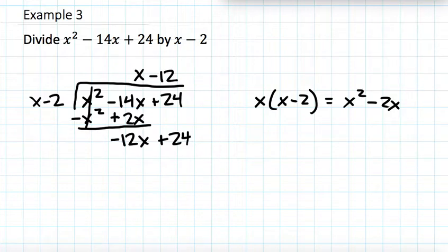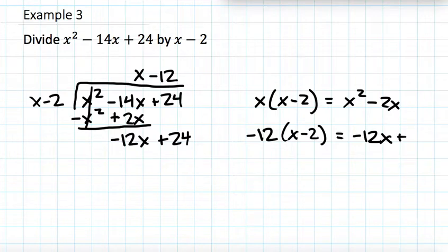So negative 12 is what I need to multiply by to get negative 12x. Now I'm going to do the multiply step, multiply negative 12 by x minus 2, what I'm dividing by. And then when I distribute that, I get minus 12x plus 24. Negative times negative is positive.